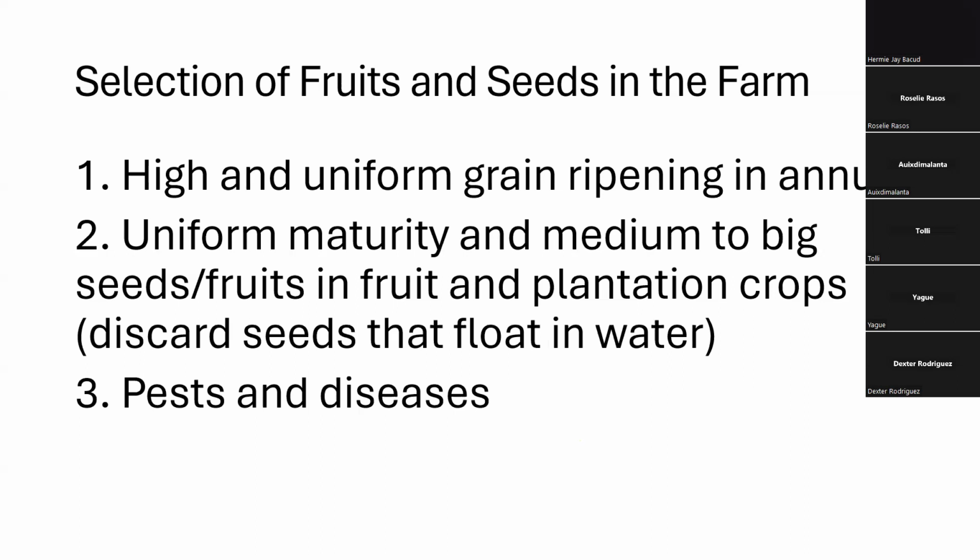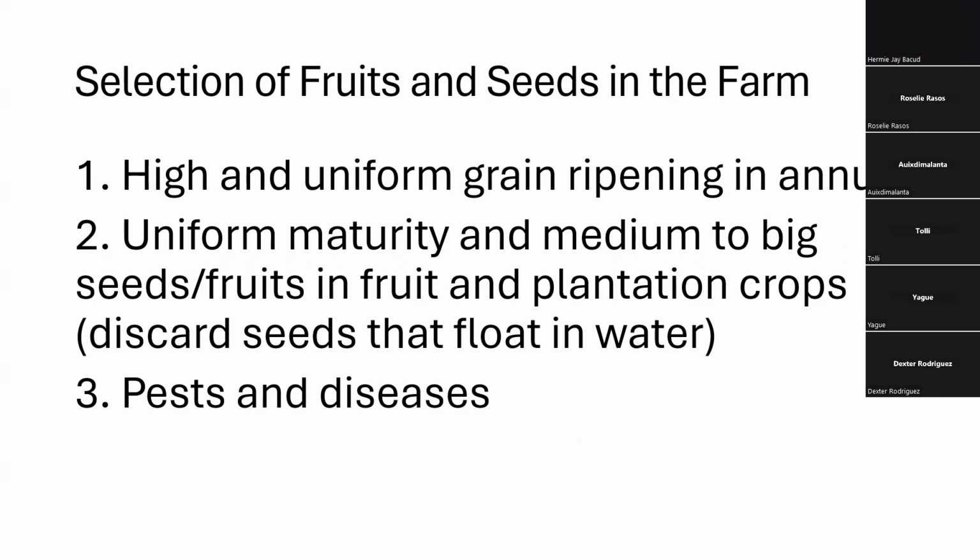Then pests and diseases. Of course, sa pag-select ng fruits and seeds, we must also consider how these plants or crops react to pest and disease infestations. So we have two types. We have either resist or tolerate.